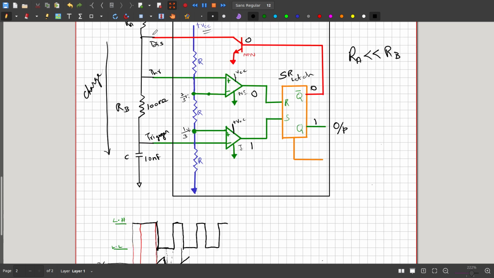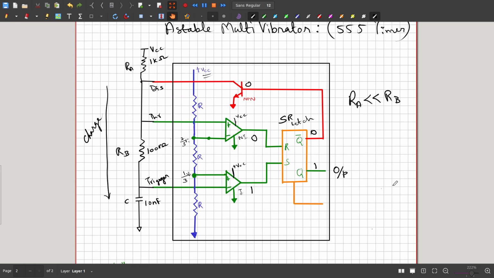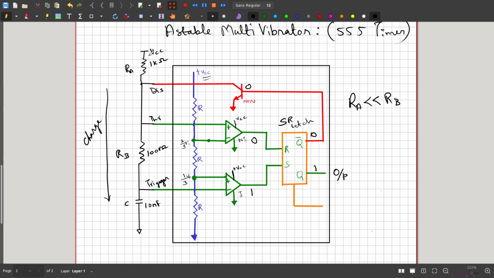So charging takes place when the voltage comes through RA and RB, then only it can charge the C. Okay, so for charging, the current has to pass through two resistors, whereas for discharging, the capacitor discharges only through RB.